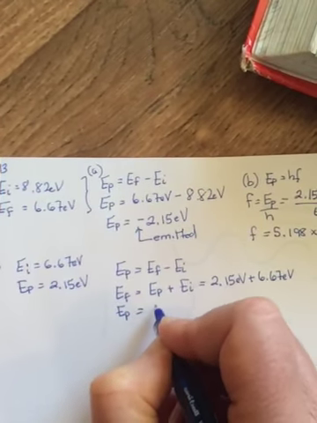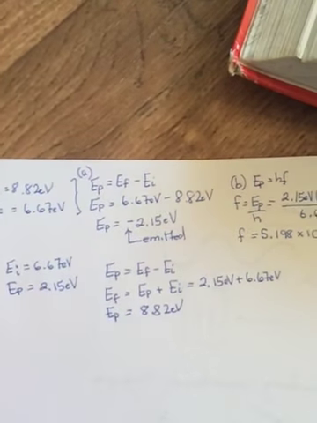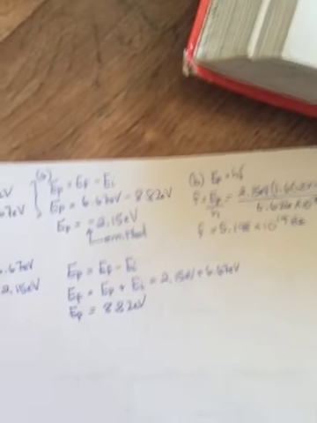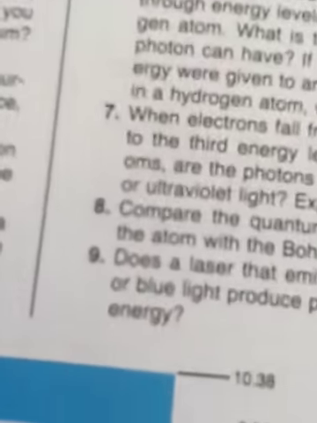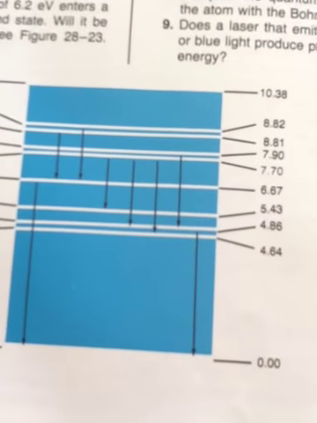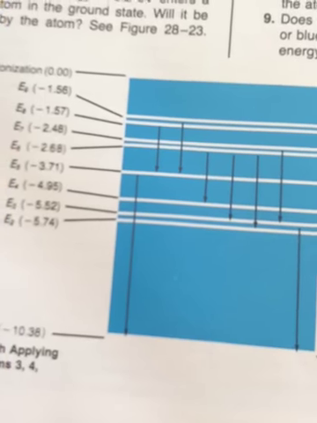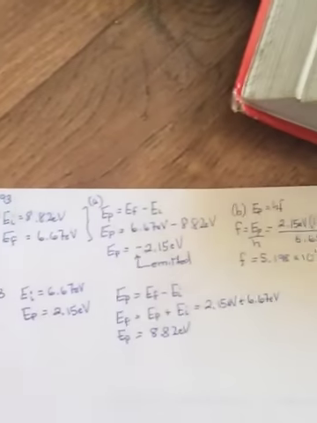EP is equal to 8.82 electron volts, and it wants to know to what actual number level, like what's the n. So then you have to go back to this chart and find the 8.82, and there it is, second from the top. You go over and you say, oh, that's 9. So it's raised to n equals 9.